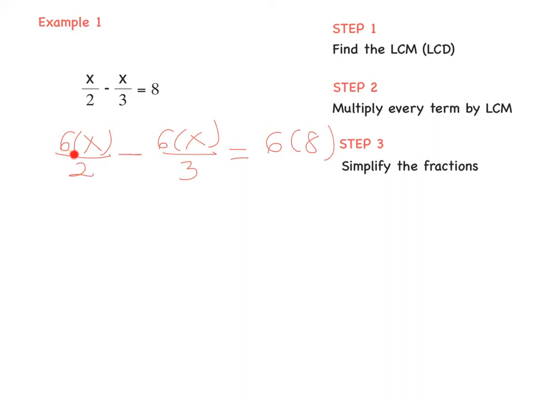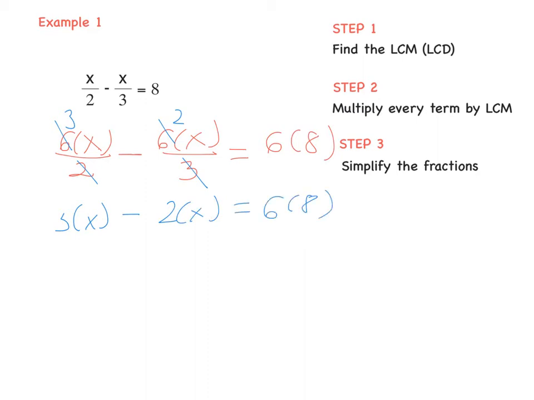This line means dividing. So 6 divided by 2 is 3. 6 divided by 3 is 2. Then we have 3 by x minus 2 by x, which equals 6 by 8.